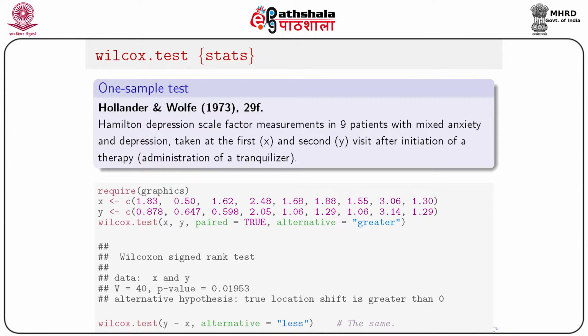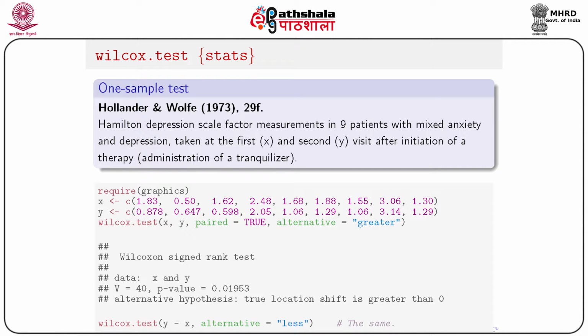Here is an example of a one sample test. Hamilton depression scale factor measures in 9 patients with mixed anxiety and depression, taken at the first visit X and the second visit Y after initiating therapy with administration of a tranquilizer. Say X equals this value, taken from that example, and Y equals these values that have been entered.